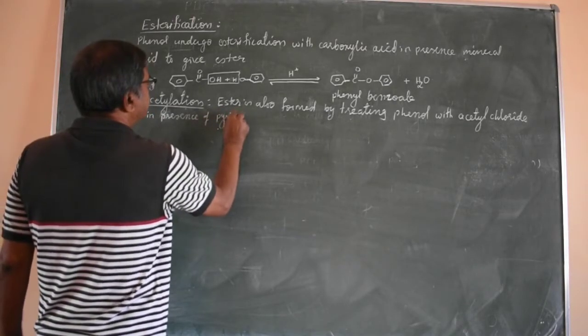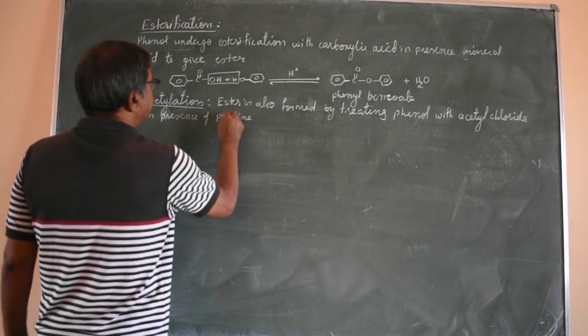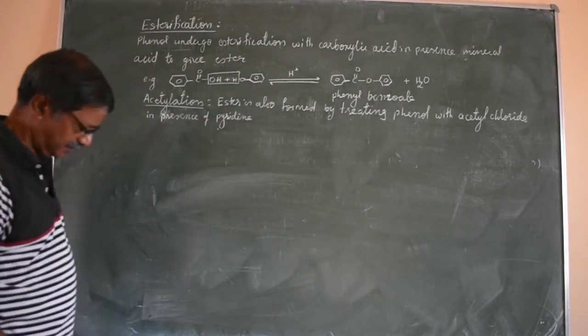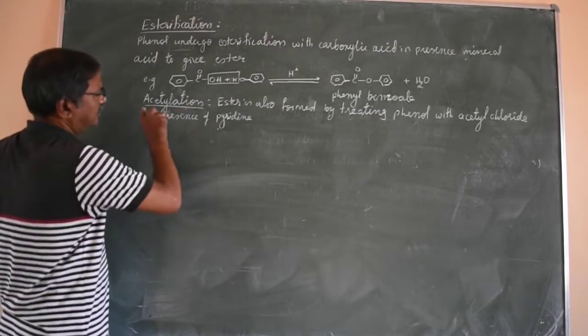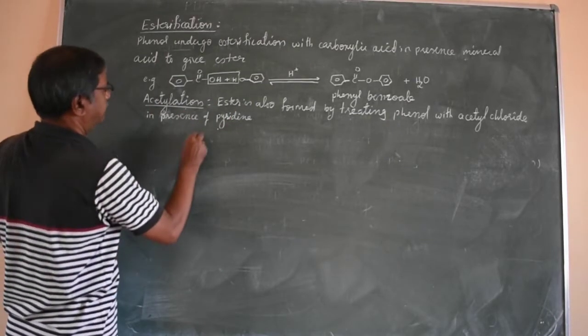We know pyridine is a base which absorbs HCl formed in the reaction. So this reaction is called acetylation.